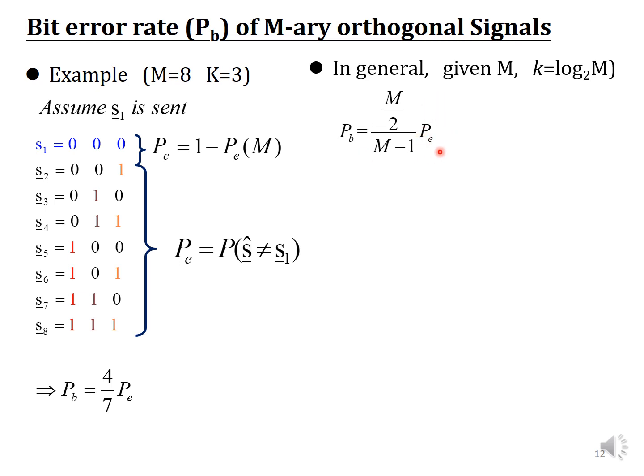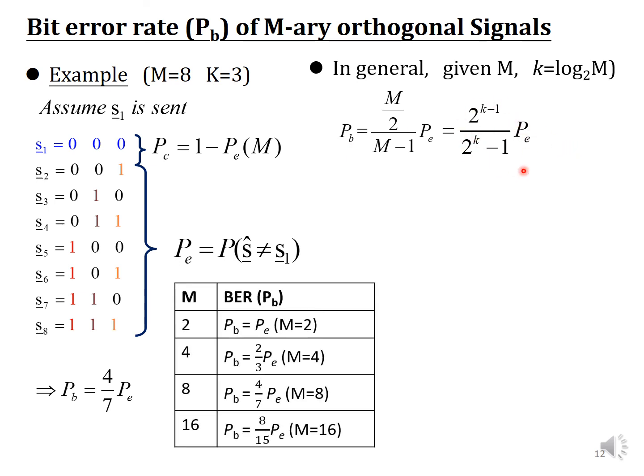The symbol error rate we already have from the previous derivations. Replace this M with k, then we have PB and PE in terms of k. For different values of M, we can have the relation of the bit error rate and PE in this table.